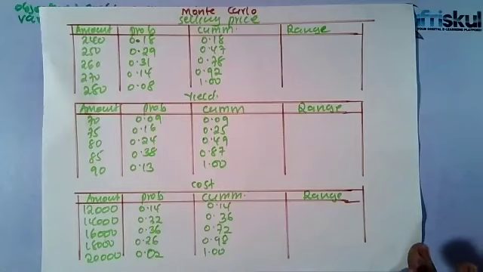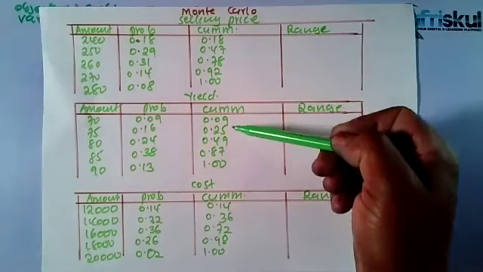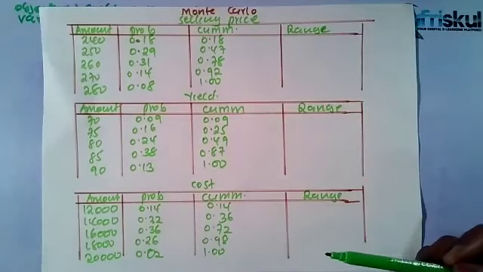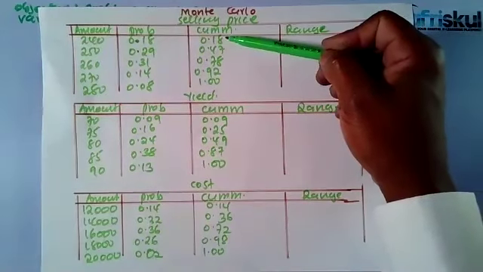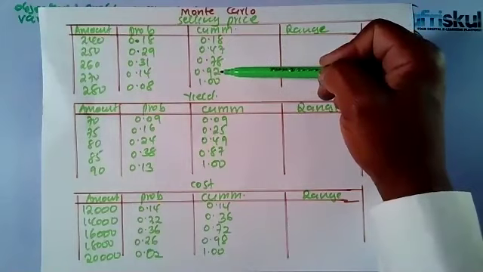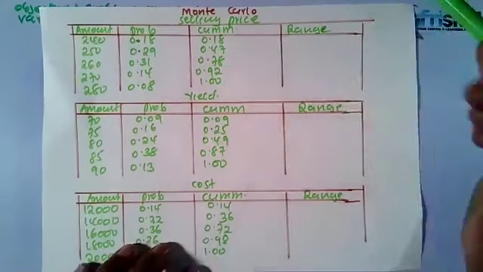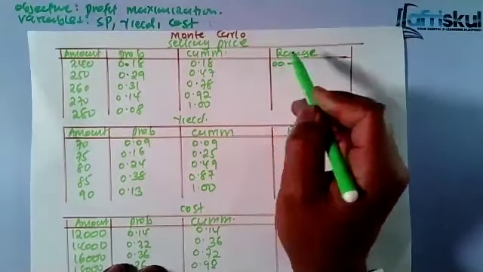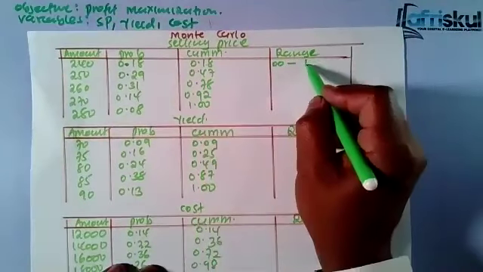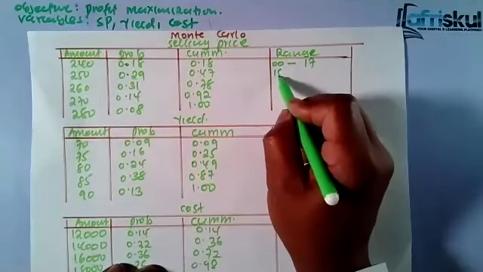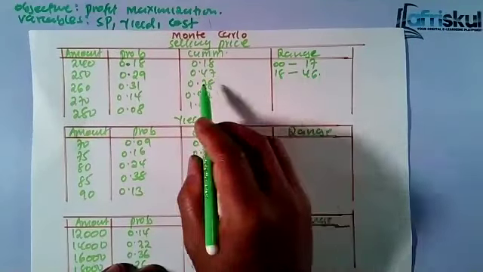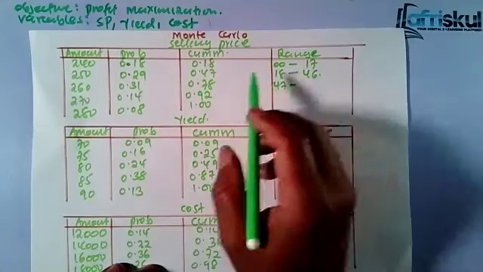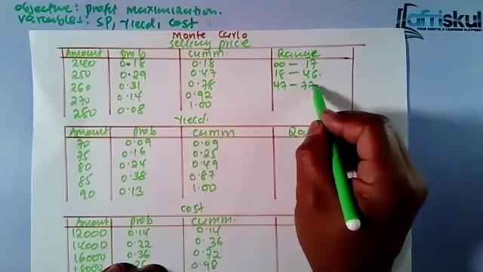Then let's do the ranging. When ranging, you use the cumulative probability, assuming that they are whole numbers. We assume this is 18, 47, 78, 92, and 100. Then 0 to 17, since 18 minus 1 is 17. Then you start from 18 to 46, since 47 minus 1 is 46. Then start from 47 to 77.